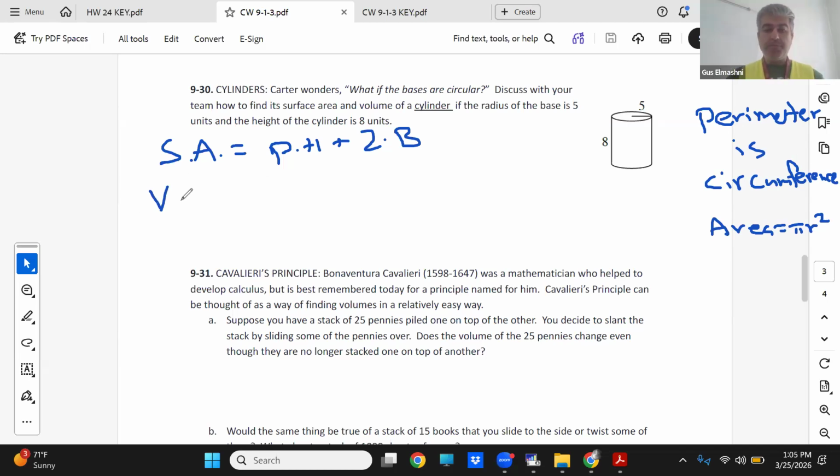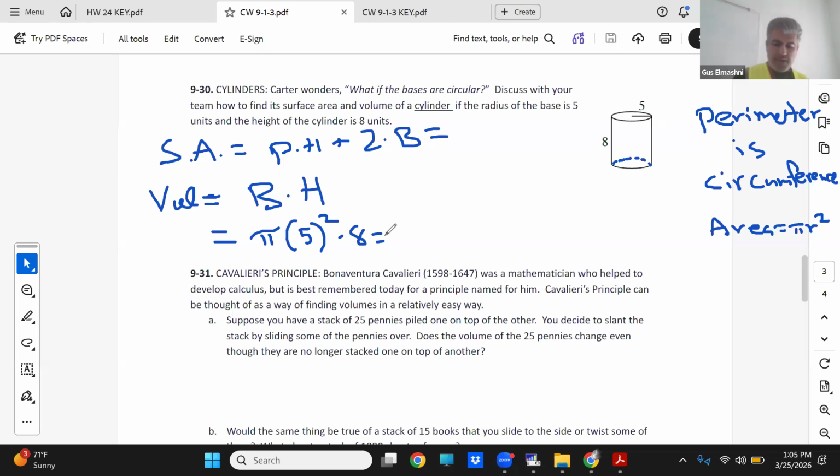And then volume is the base times the height. Okay, I'll let you guys figure that out, and we'll talk in about a minute.